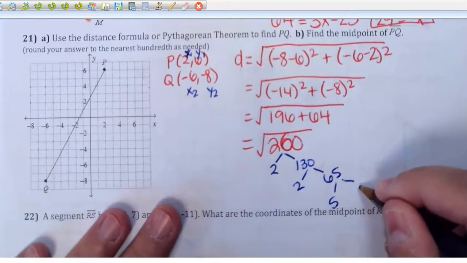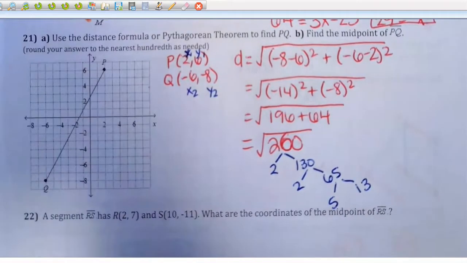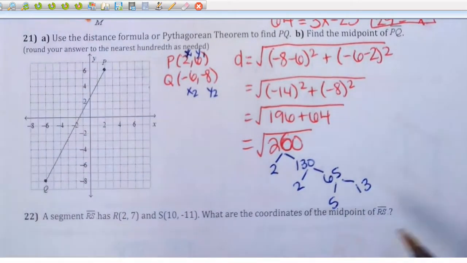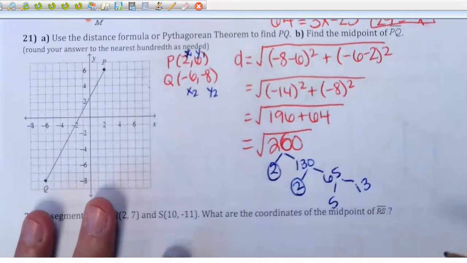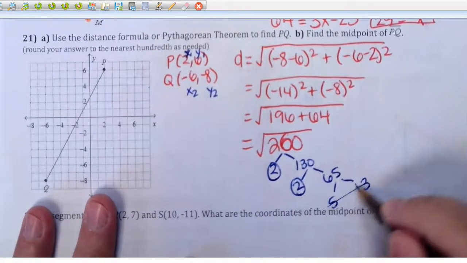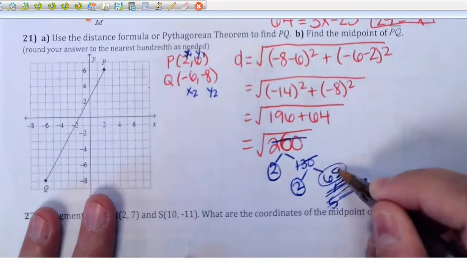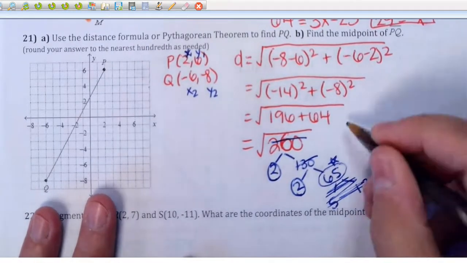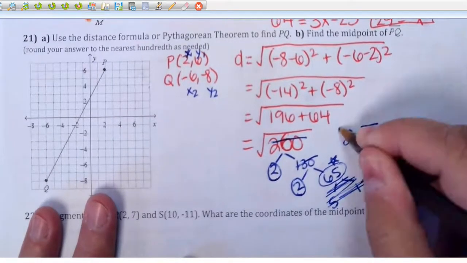This is going to be 5 and 13. These aren't a pair though, so I have a pair of 2s here. Since these don't have a partner, we don't need to do this step. I'm just going to put those back together. So what would be left under the radical would be the 65. So I have a pair of 2s. This should be 2 radical 65 in simplest radical form.